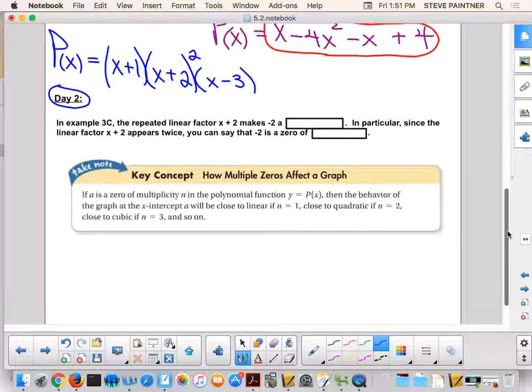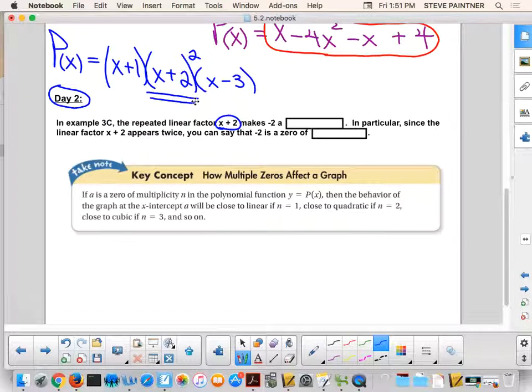In example 3C, the repeated linear factor x plus 2, this factor right here, x plus 2, makes negative 2 a what normally? Solution. Negative 2 would be a solution. I don't want that. What is it? It's a 0. Negative 2 is a 0.